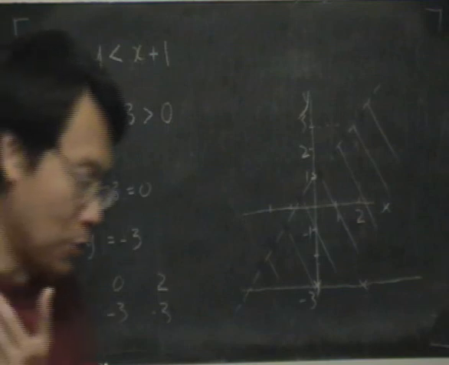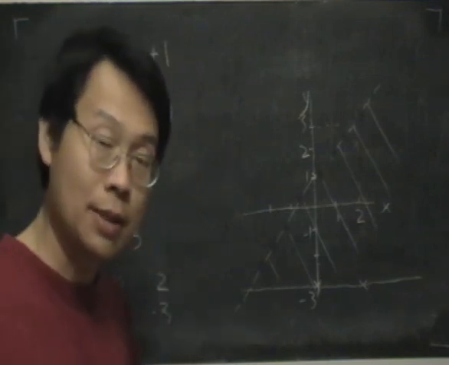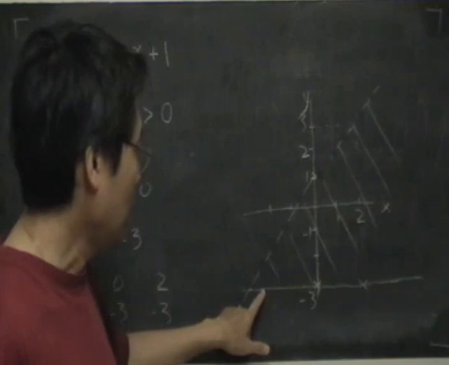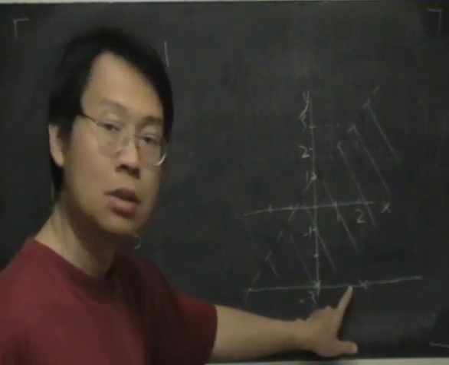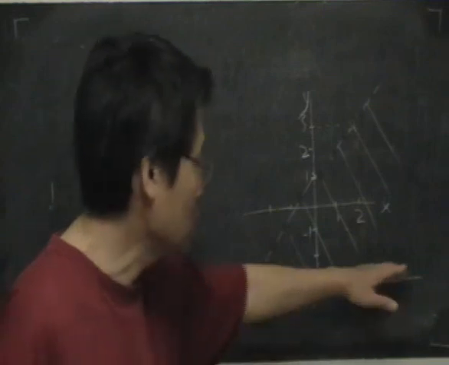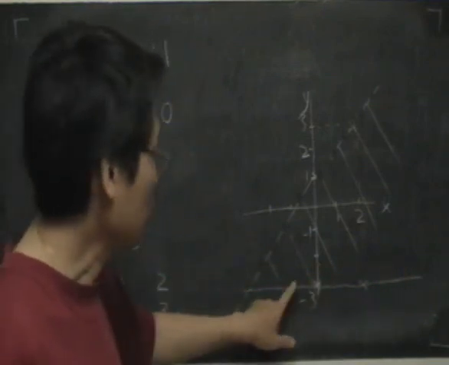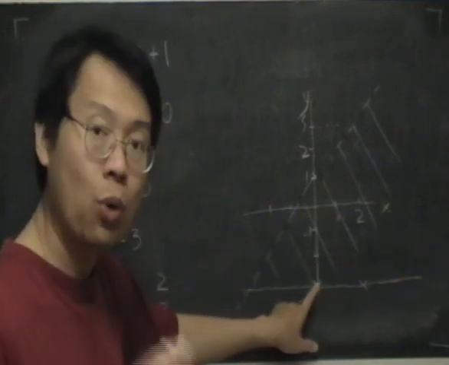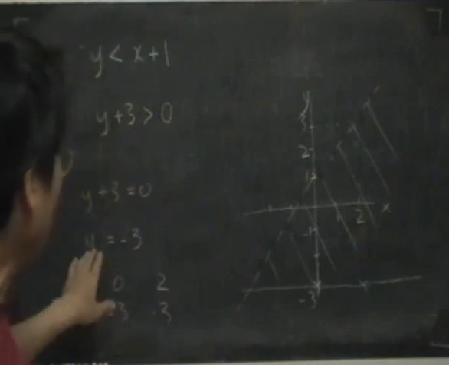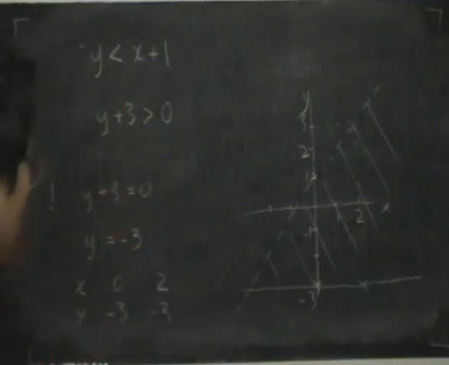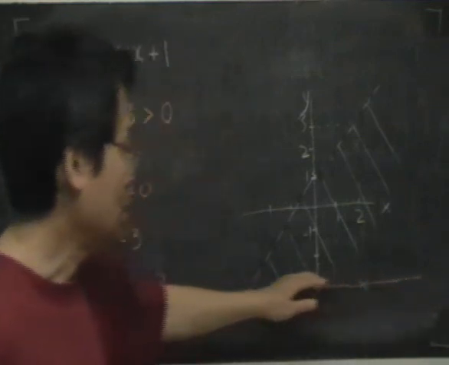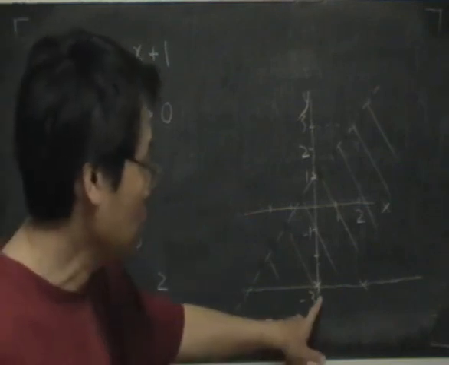Now that we have our straight line, let's think about this equation again, y equals minus 3. If you look at any point on the line, you see that the y is always minus 3 because it is a horizontal line. If you have different points, the x will be different, but if you are on the line, then the y is always minus 3. So this means that if I have an equation with no x, but with just y equals a number, then I know that it's just a horizontal line going through that number.